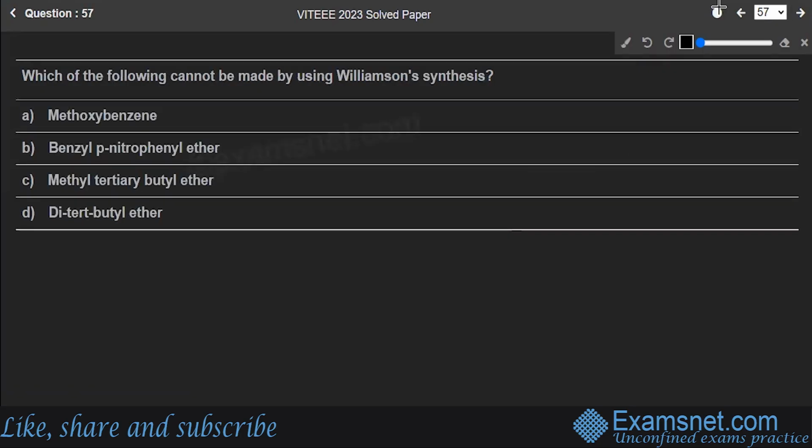Which of the following cannot be made by using Williamson's synthesis? Methoxybenzene, benzyl p-nitrophenyl ether, methyl tertiary butyl ether, or di-tert-butyl ether? Which of these options is the right one? So the two components that should be over here are (CH3)3CONa plus (CH3)3CBr.